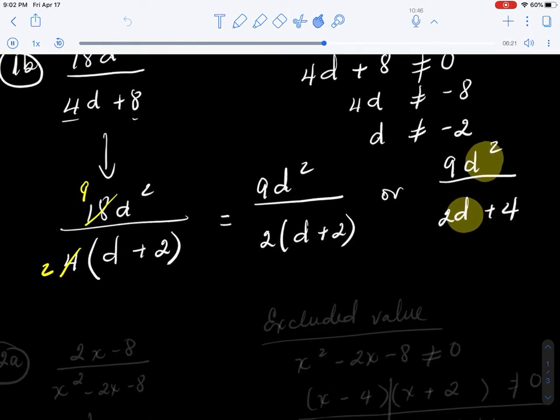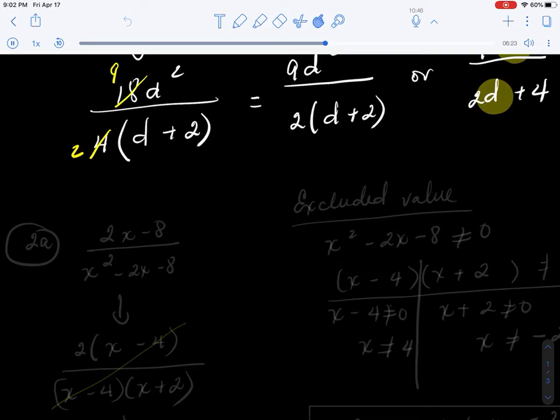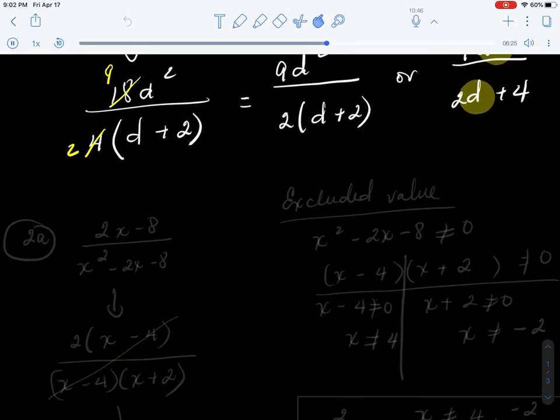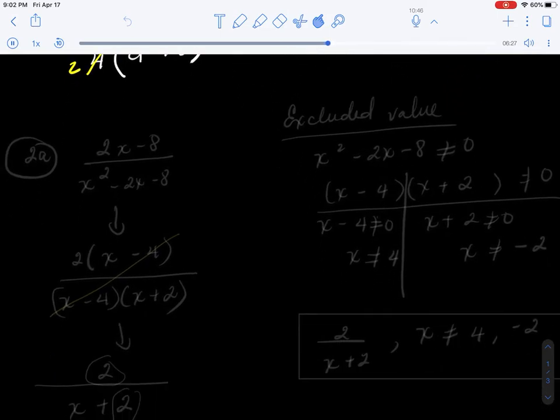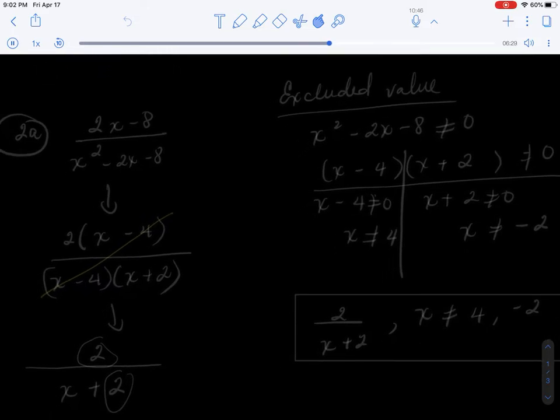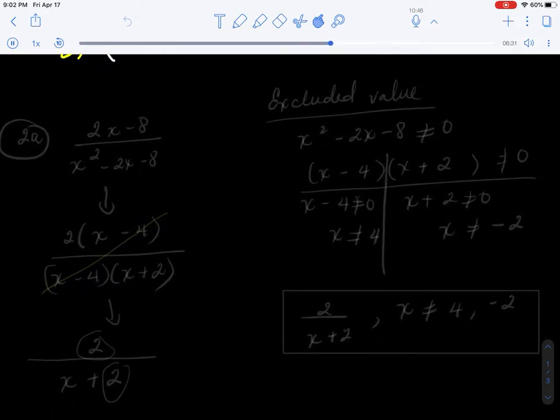Let's take number 2. 2a is asking you to do the same thing: simplify the expression and state any excluded value. So it's given to me that 2x minus 8 over x squared minus 2x minus 8.